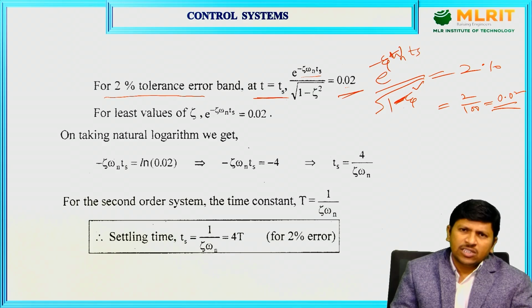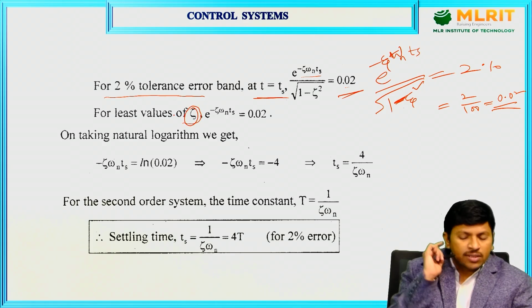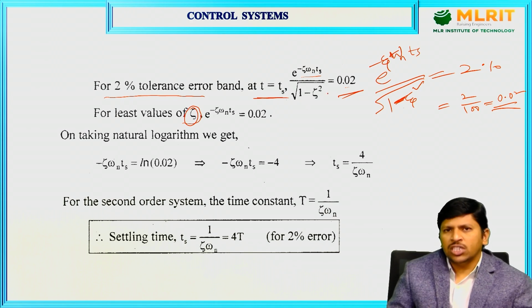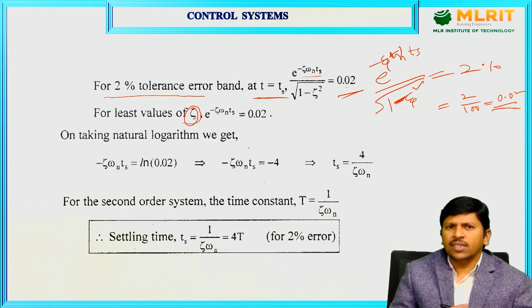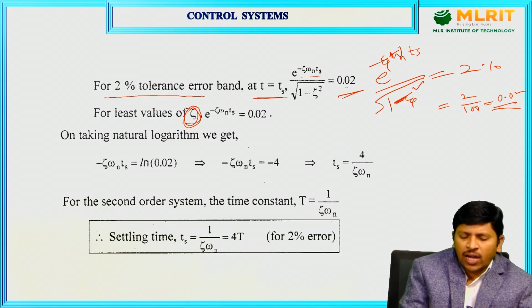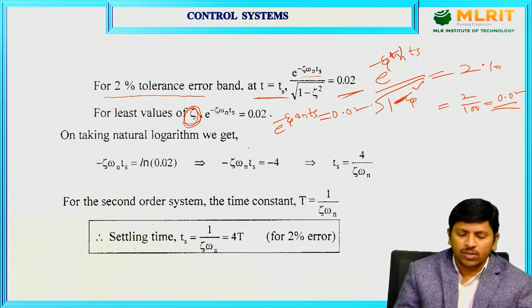For the least value of zeta in the denominator part, observe 1 minus zeta square: zeta is less than 1, so it is a small value and I am going to neglect it. Directly I write e power of minus zeta omega n ts equals 0.02.